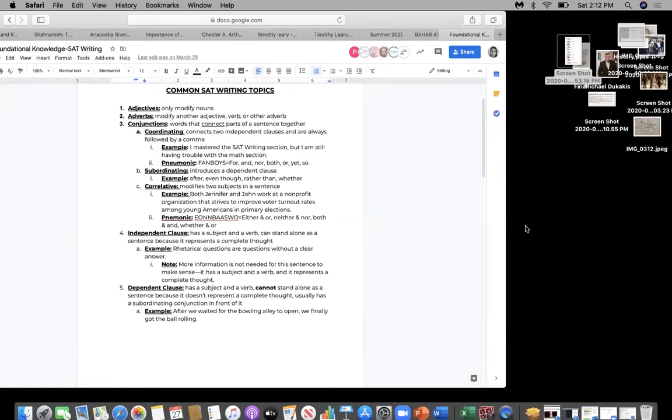So, both Jennifer and John work at a nonprofit organization that strives to improve voter turnout rates among young Americans in primary elections. So that would be correlative.